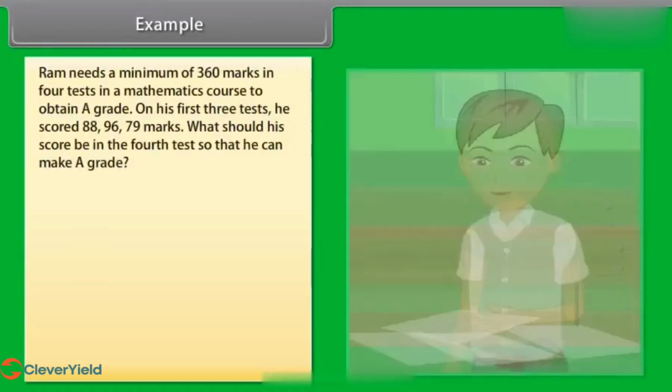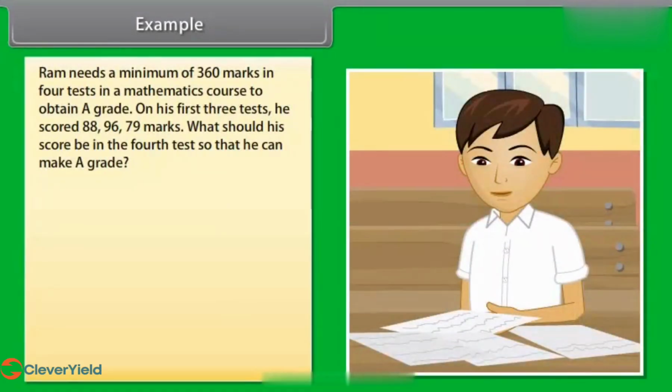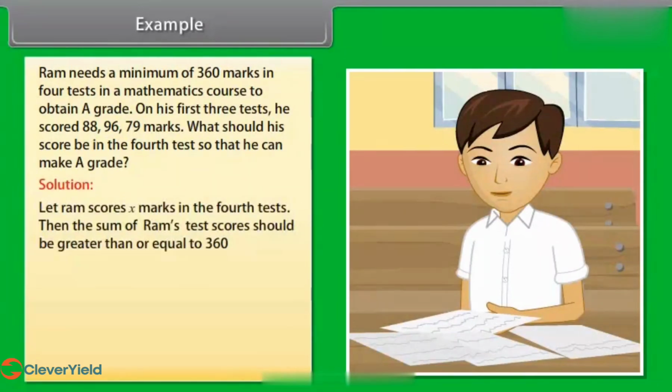Example. Ram needs a minimum of 360 marks in 4 tests in a mathematics course to obtain A grade. On his first 3 tests, he scored 88, 96, 79 marks. What should his score be in the fourth test so that he can make A grade? Solution. Let Ram score x marks in the fourth test.